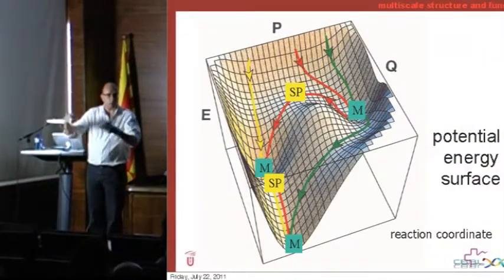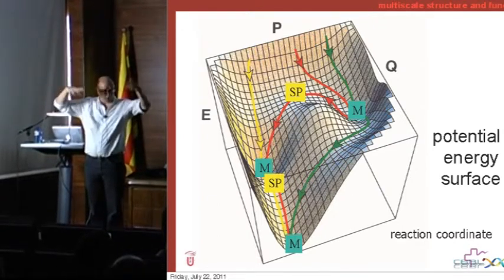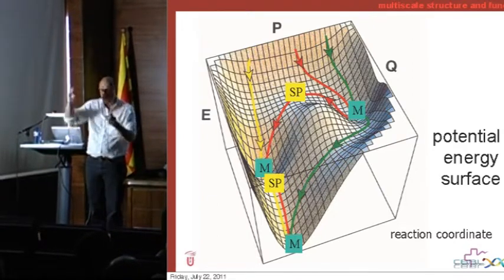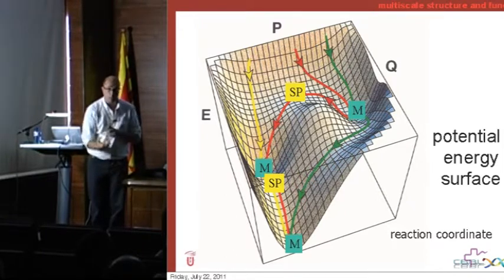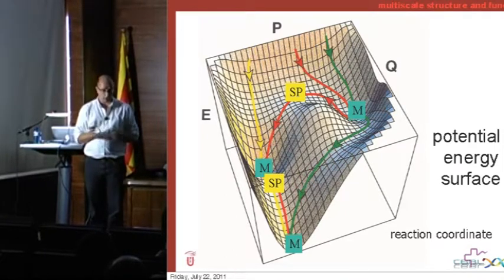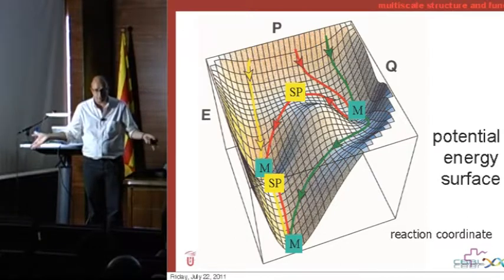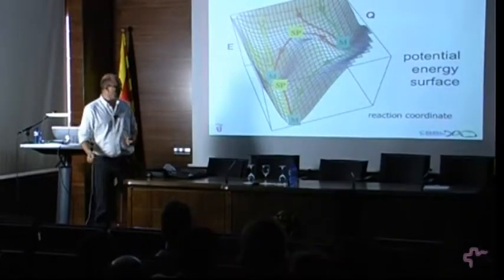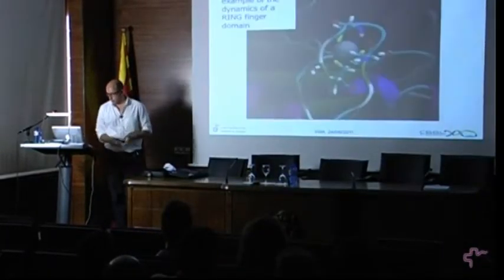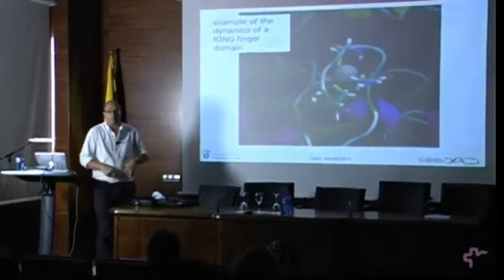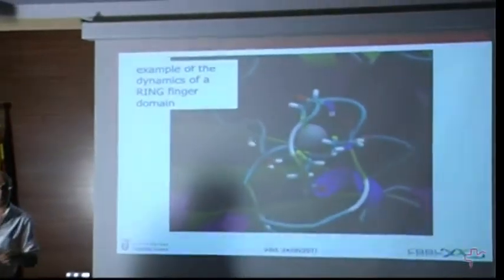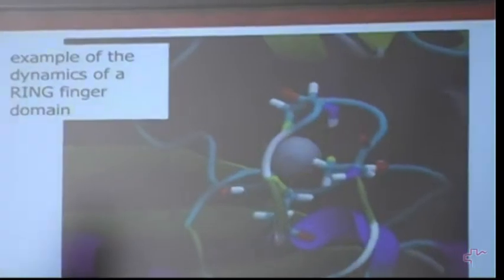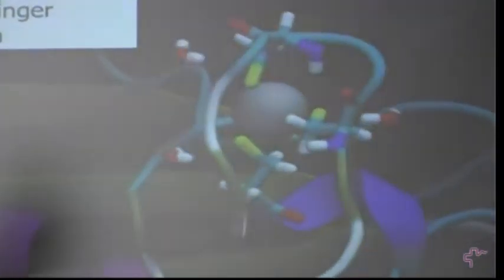In a folding process, for example, the protein is exploring this type of surface and finding its way to the minimum of the potential energy surface. That's why folding folds the protein. Once we have that, we can move the system, because we can explore that surface mathematically, move on the surface, and then investigate processes.